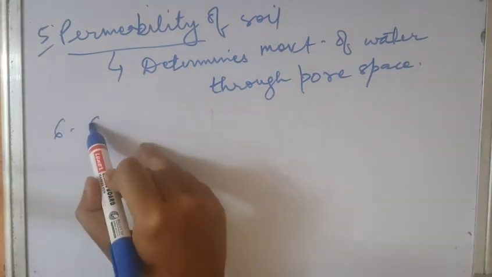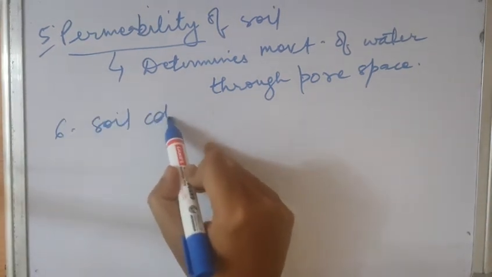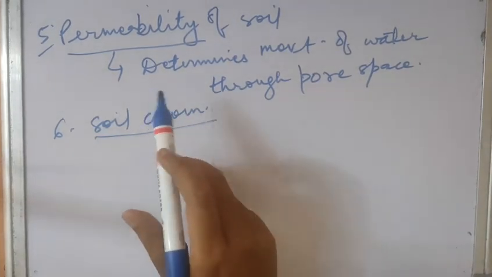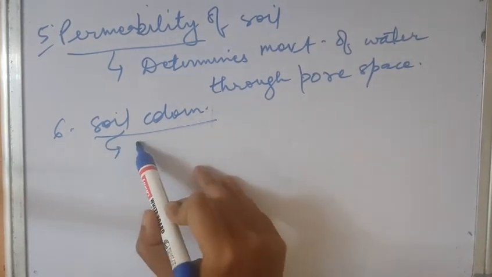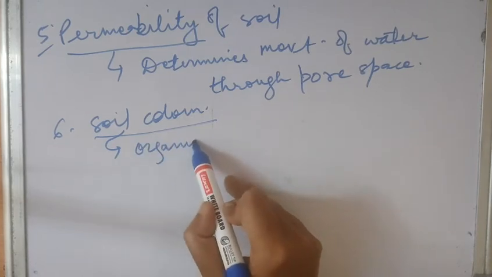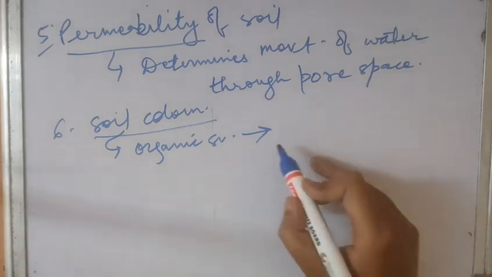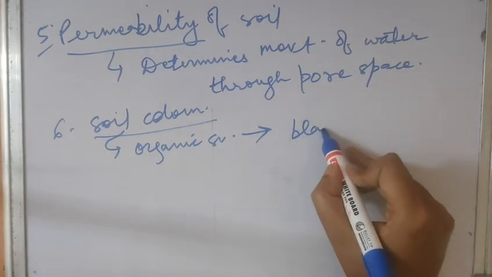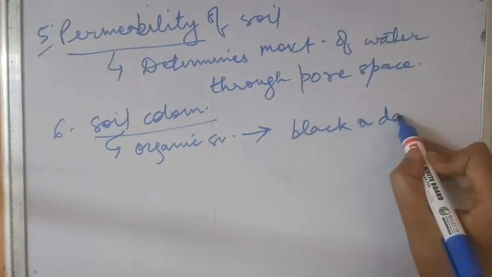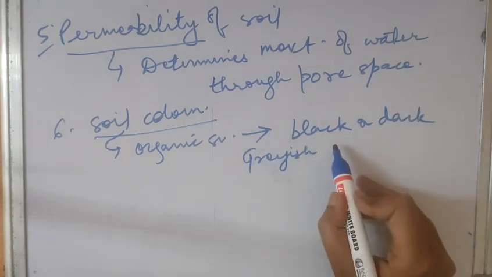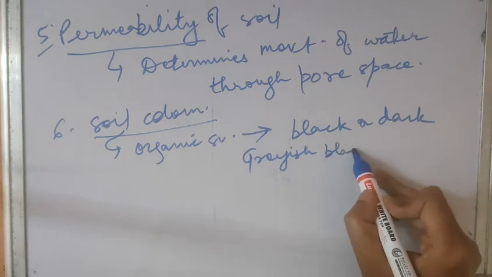Now moving on to soil color. This is often determined by organic substances. Organic substances always give black or dark gray color.